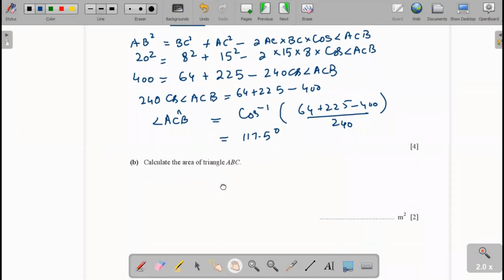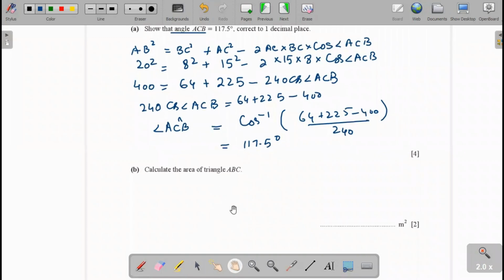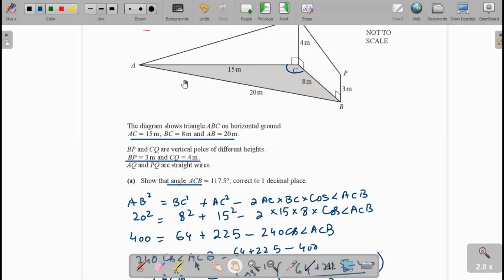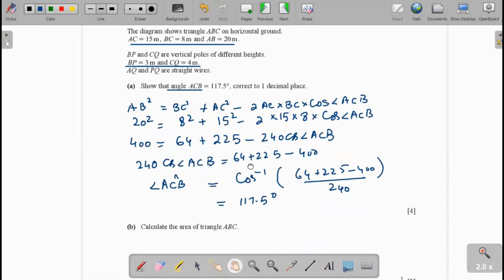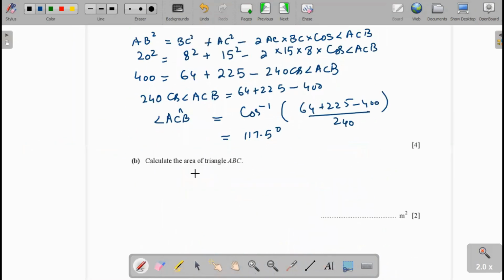Calculate the area of triangle ABC. Now this is the triangle ABC. The area of triangle formula is 1/2 product of adjacent sides and the sine of the angle between them.